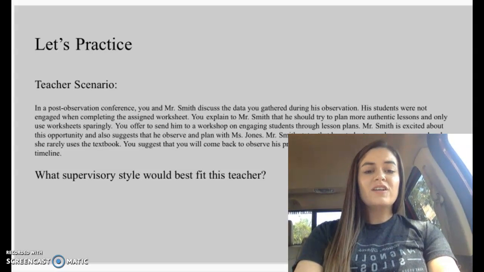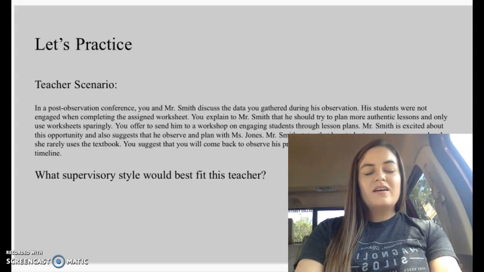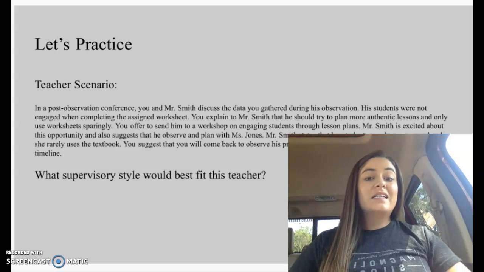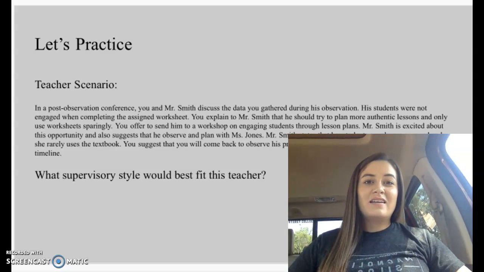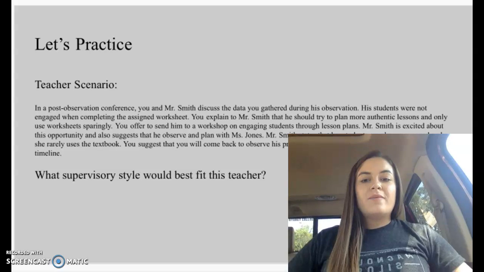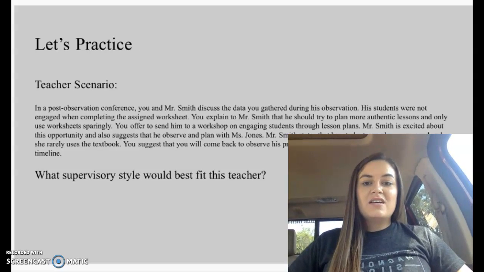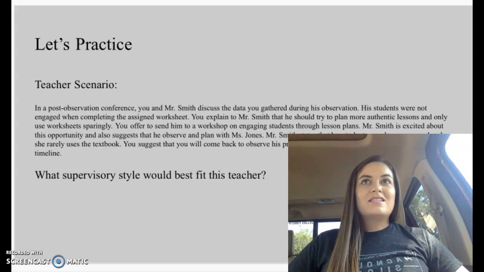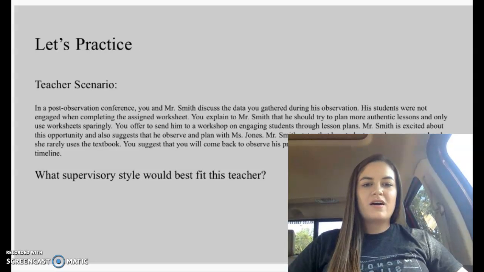So, looking at Mr. Smith, we can determine that he didn't really know his students were not that engaged in his planning. I determined this because if he keeps using the same lesson plans and the same worksheets, and there's not really a change, then he's maybe not aware of what's going on.